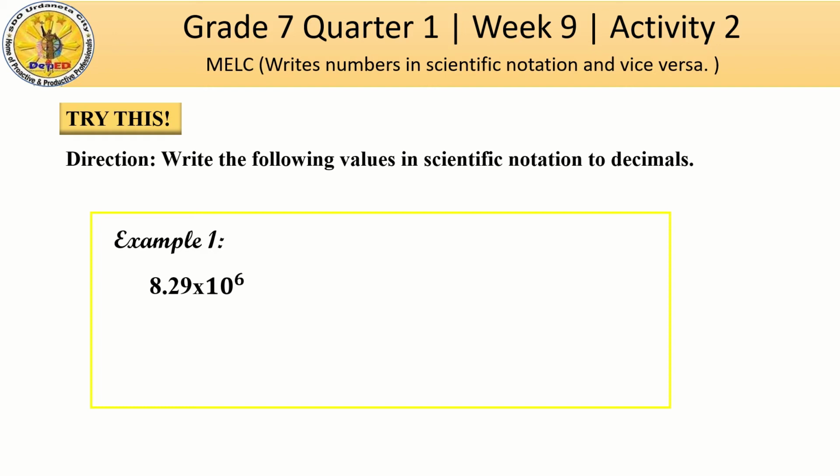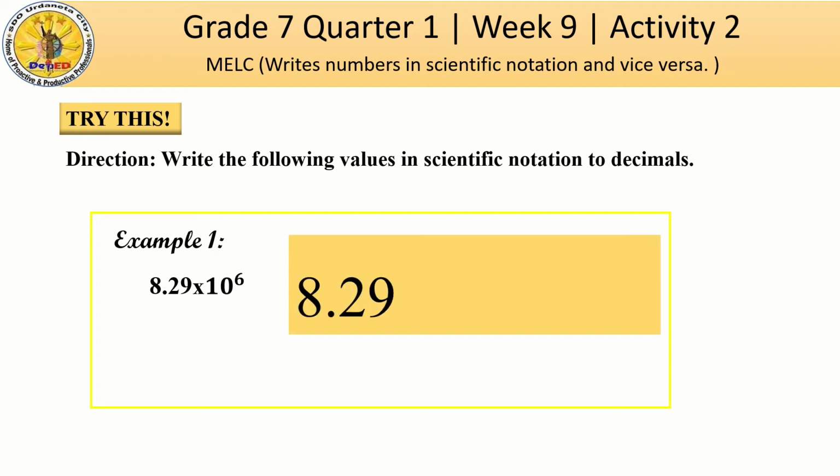Ito ang unang-una yung titignan. So, isulat mo muna ang 8.29 and then ilang movement ang gagawin ng decimal point mo. Since positive siya, ang movement ay right. So, how many movements do we have? The movement depends on the exponent.